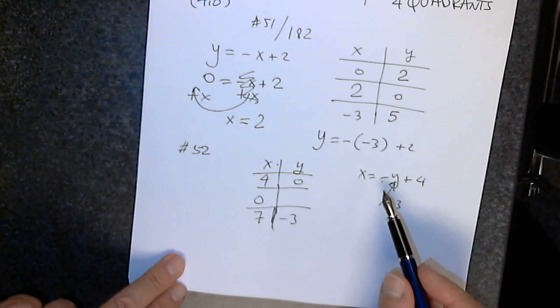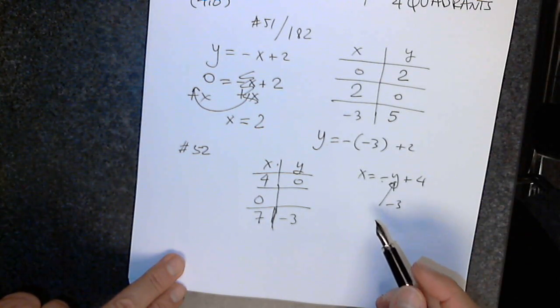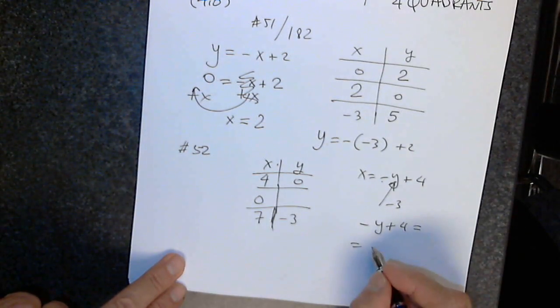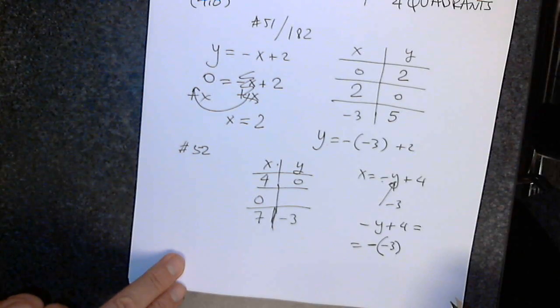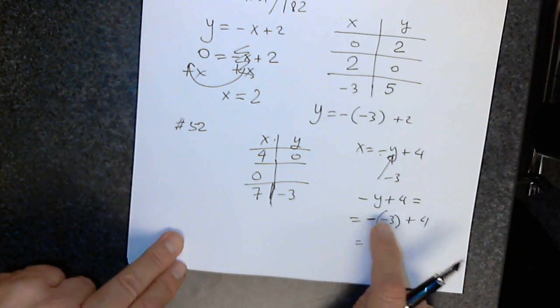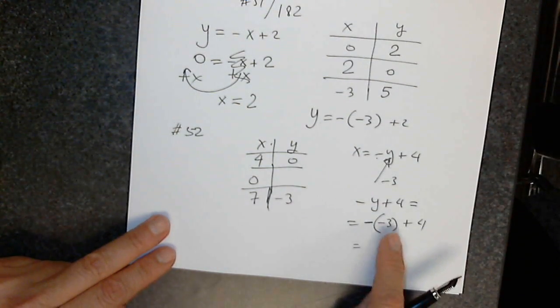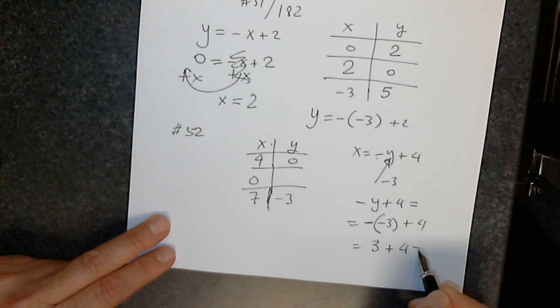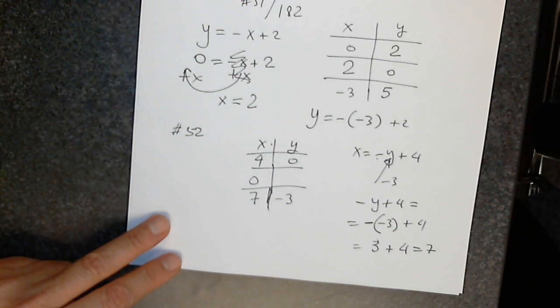We learned in chapter 2 to evaluate expressions, right? If I have -Y plus 4 and I'm told that Y is -3, I have to copy this. In parentheses, I have to write -3 plus 4. We know that the negative sign in front of a grouping symbol changes the sign, or -1 times -3 is +3, and plus 4 is 7. That's why we wrote 7.